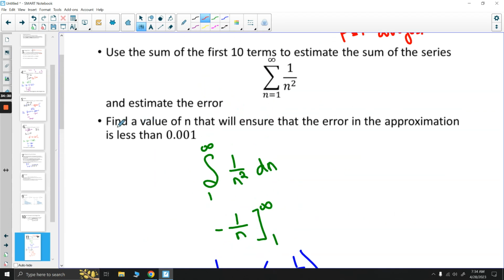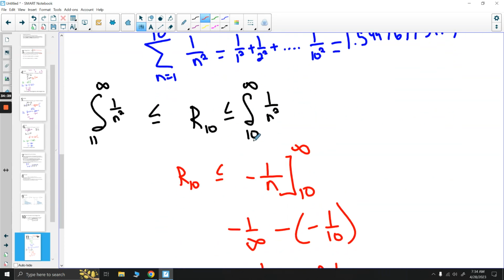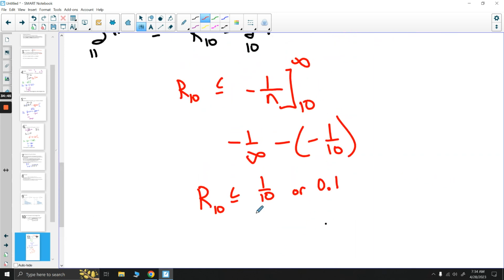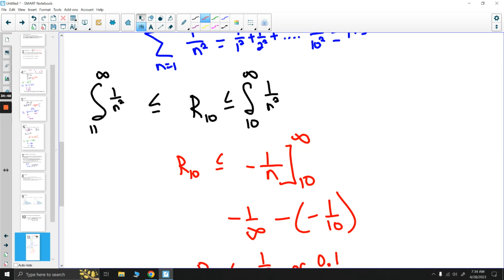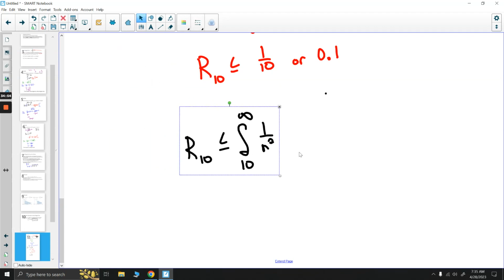We want to find some value of n that will ensure that the error in the approximation is less than 0.001. So what does that mean? Well, it means that we just have to take n to be some higher number. To find exactly which one that is, we're going to go to this statement here again, but this time we want to solve for n. To avoid any confusion, let's call this x like we're supposed to.